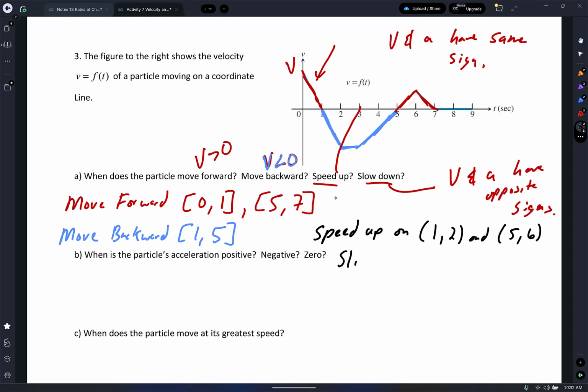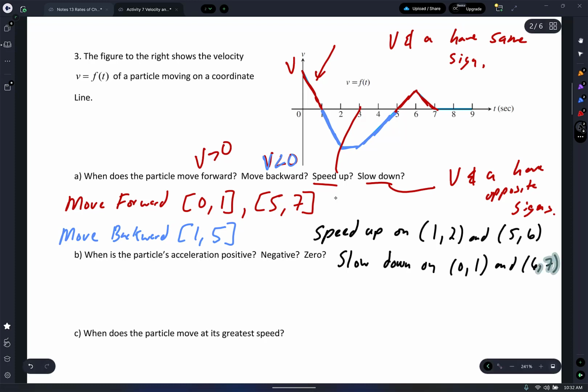And then slow down on 0 to 1 and, where is it, 6 to 7. Anywhere else? Oh, and I should put that one first if we're using union. 0 to 1, union 3 to 5, union 6 to 7. There.